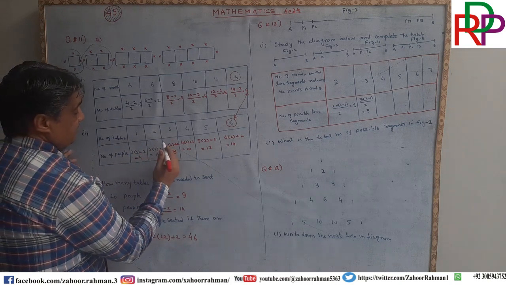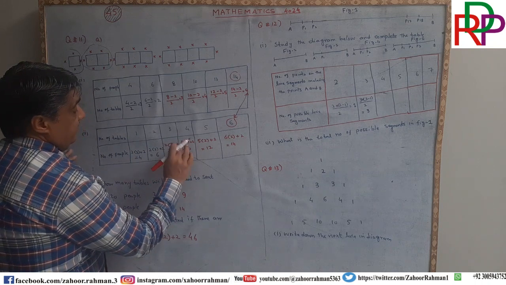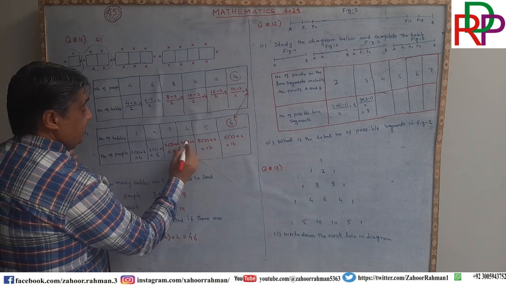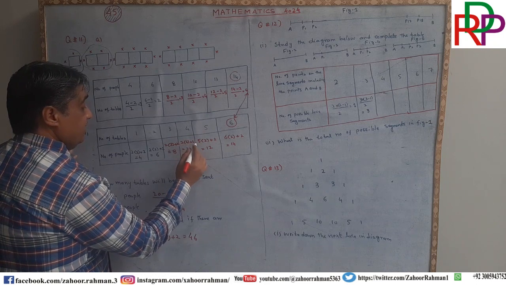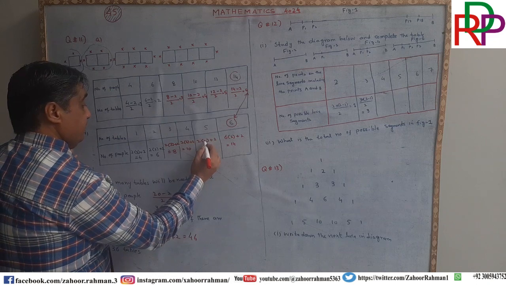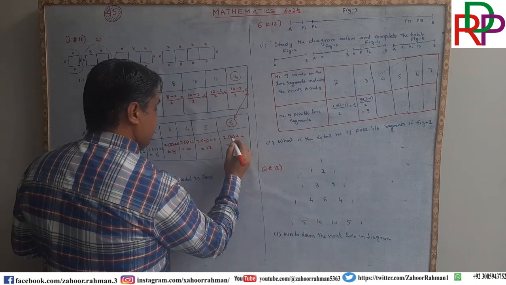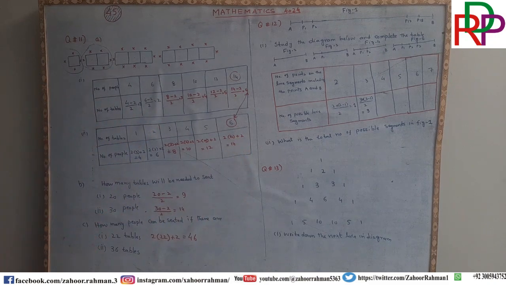It should be written like this: 2 into 3, and then 2 here and 4 here, and then 2 here and 5 here, and then 2 here and 6 here. The answer is correct because 2 multiplied by 3 or 3 multiplied by 2 is the same.